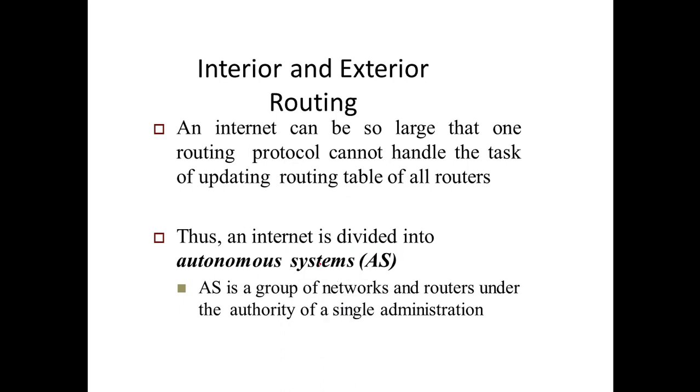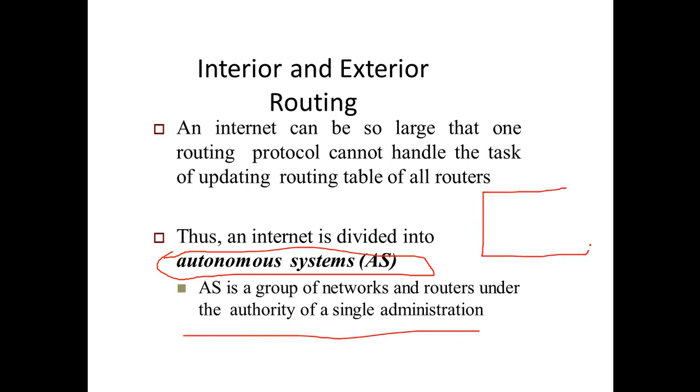We call these different sub networks autonomous systems, AS. So an AS is a group of networks and routers under the authority of a single administration. Consider the example of your university. Our campus is managed by a single administrator, but all of this network is divided into other sub networks.